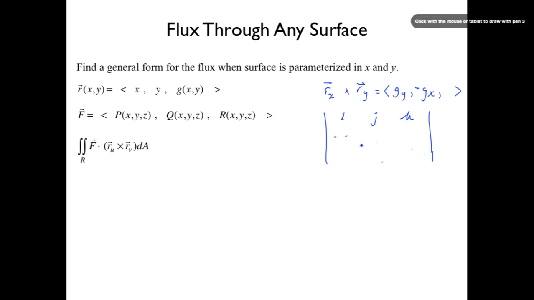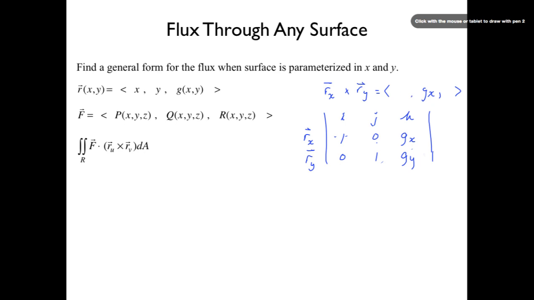So Rx is 1, 0, gx. There we go. And then Ry is 0, 1, gy. So this has nothing to do with the curl. I want the cross product, this thing right here. All right. Now we're on track.